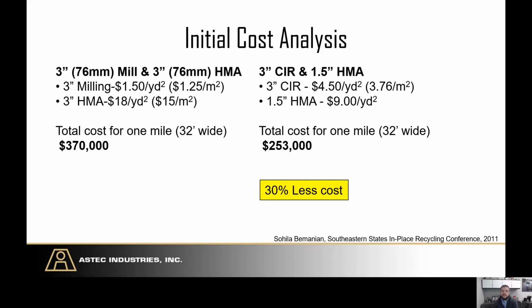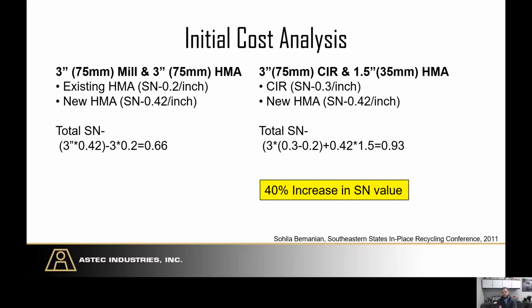But the CIR has a 30% less cost. So we're getting 80% of the strength for 30% less cost. So the cost strength benefit is in favor of CIR.